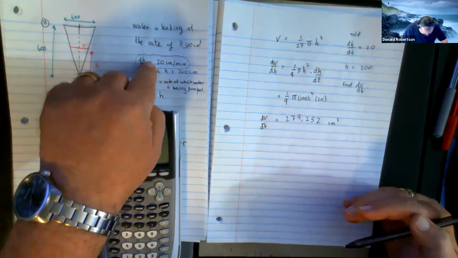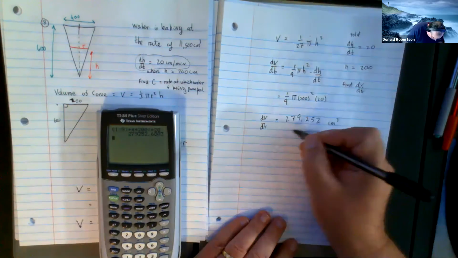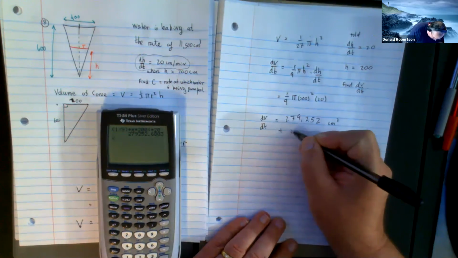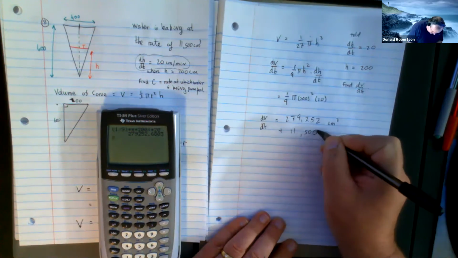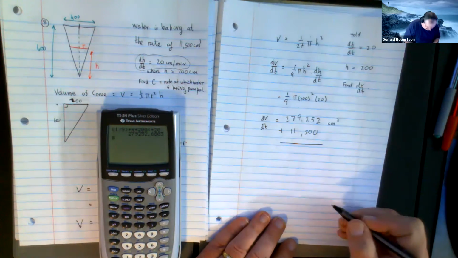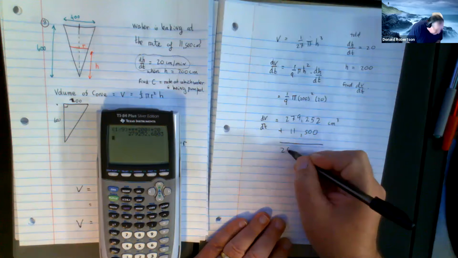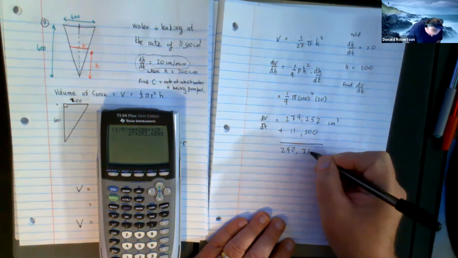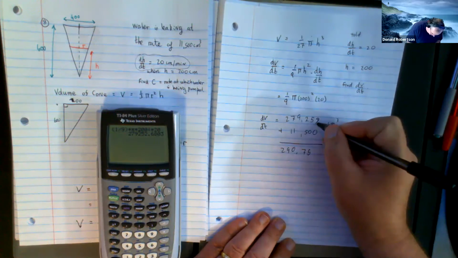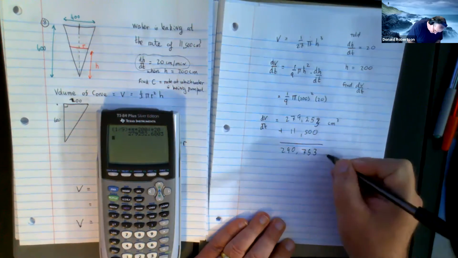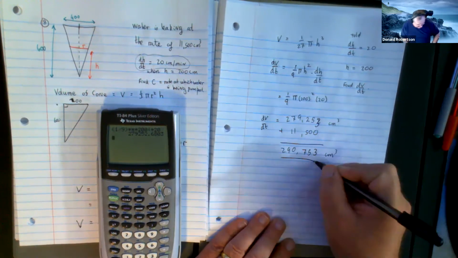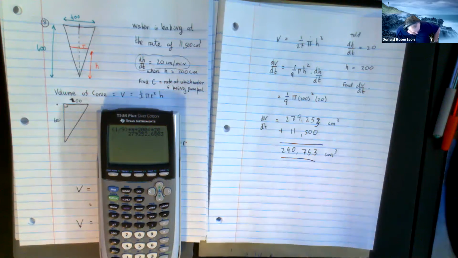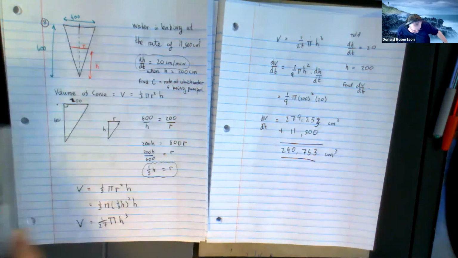But since you're leaking that amount, you need to add on another 11,500. So the answer that they're really looking for is 290,000. And I'm looking at their answer, so they have a 3 there, so I guess they rounded off a little different than I did. And that is the end of that question.